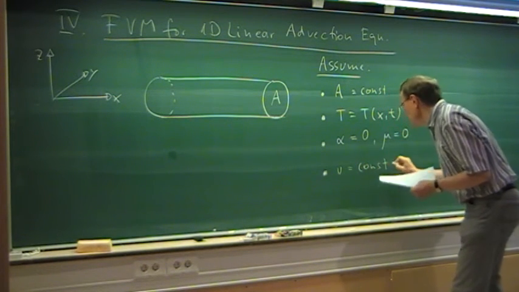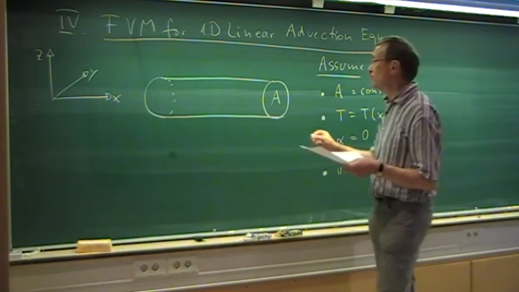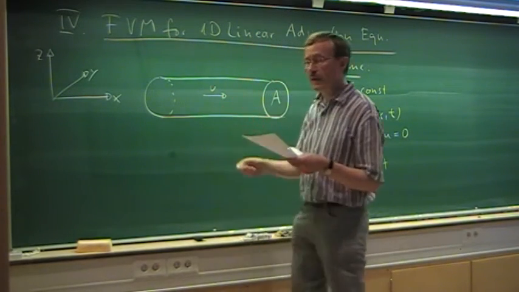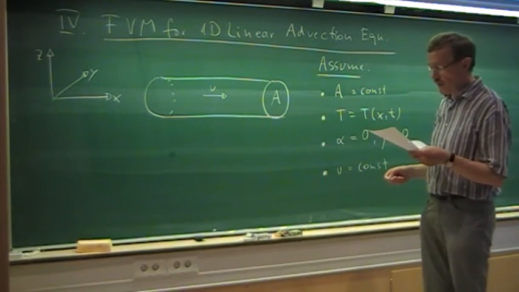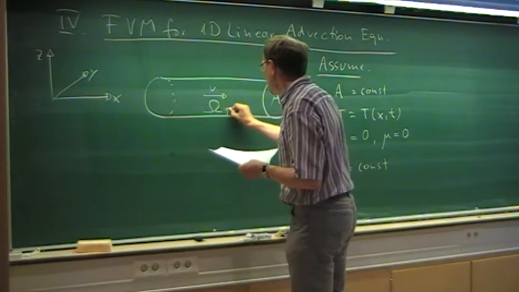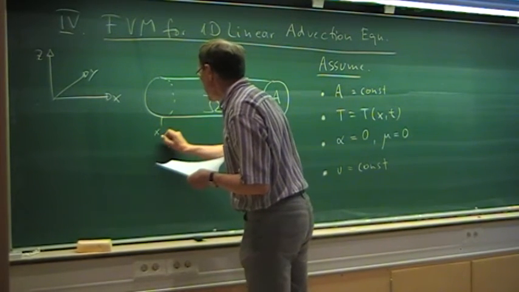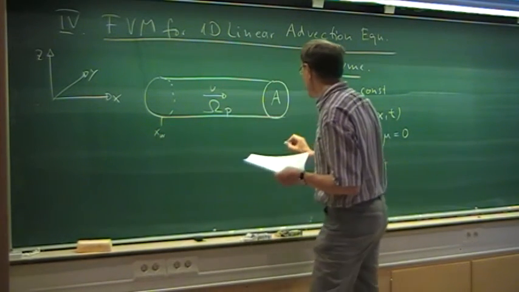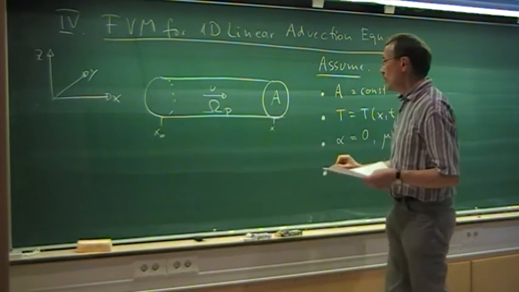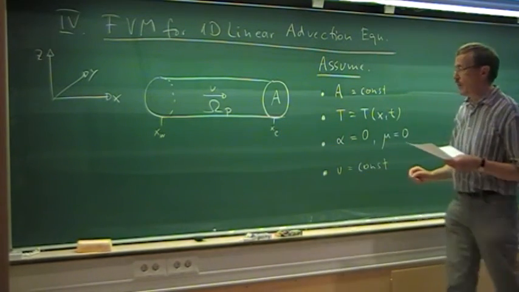So we have a lot of assumptions. That means we have some liquid or some gas that is moving with the velocity u. And that is our control volume, omega p. And we again assume that the left boundary, the western boundary, is xw, and the right boundary of the cell omega p is the eastern boundary xe.